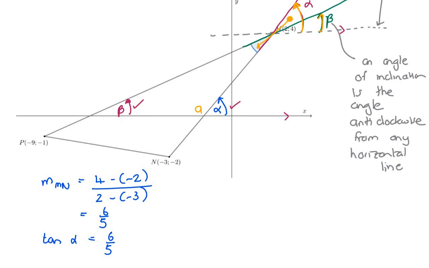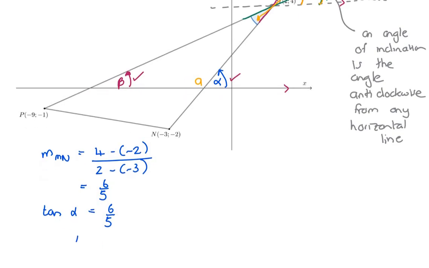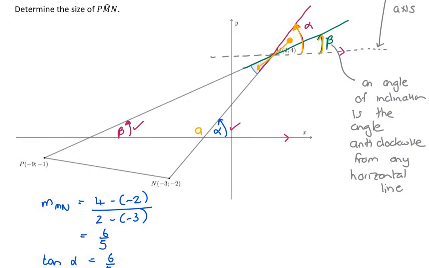Now this angle should ring a bell because we've actually done it before. So it's 50,1944. So that's alpha. So that's there. That is 50,1944. So now I'm going to find beta. So my gradient of MP is equal to 4 minus 1 all over 2 minus 9.